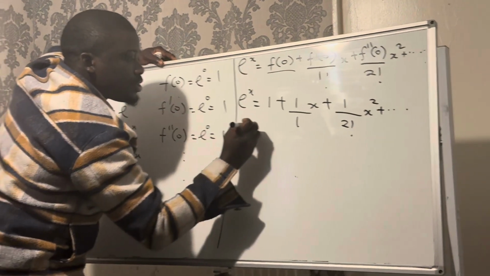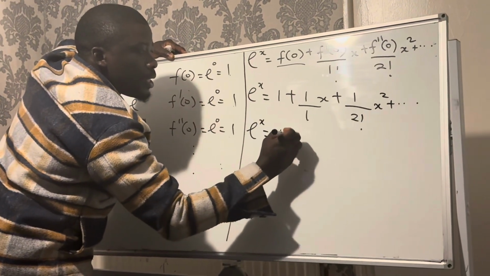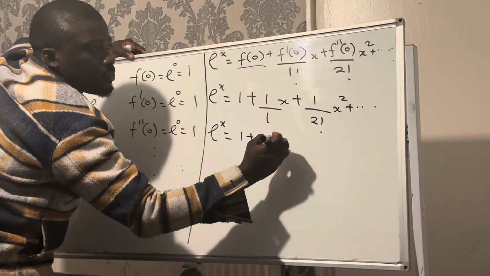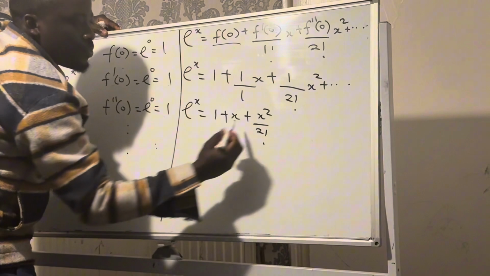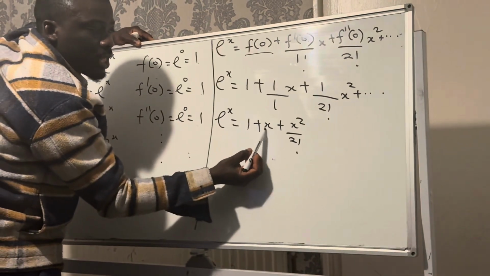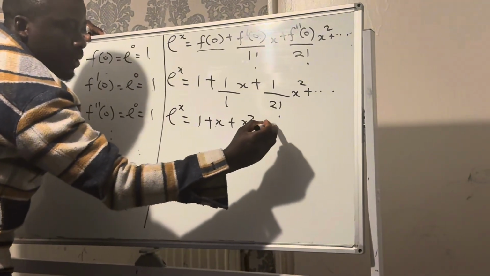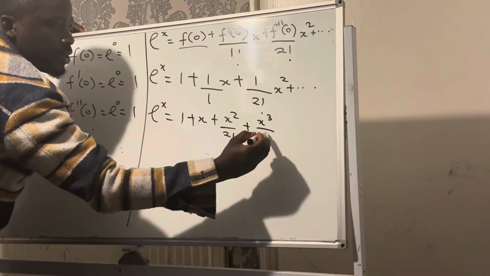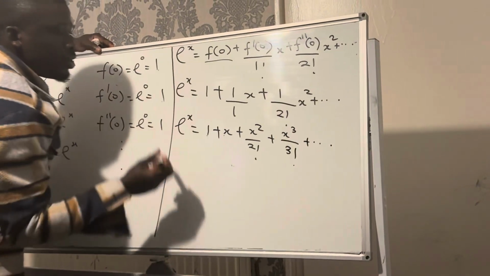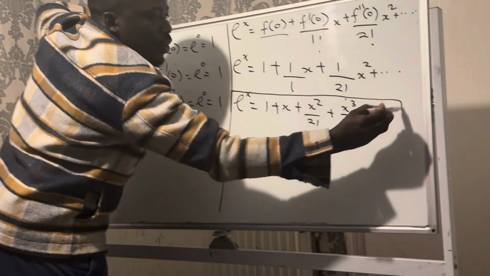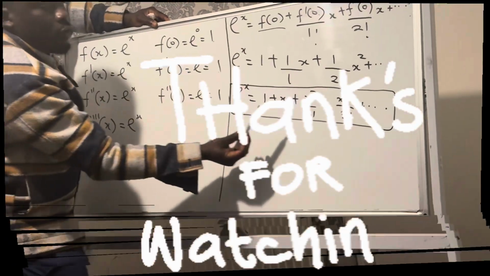So e raised to power x will be 1 plus x plus x squared all over 2 factorial. This is the first term, the second term, the third term. Even the fourth term will also be x raised to power 3 over 3 factorial, and so on. So this is our series solution of an exponential function.